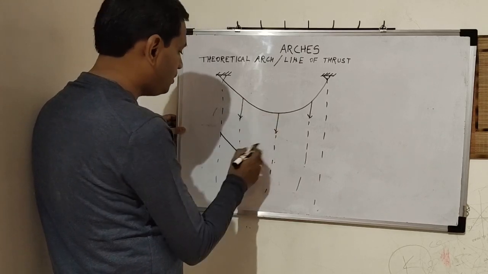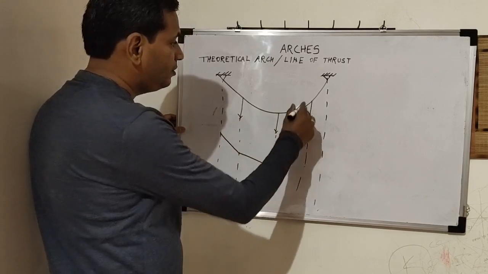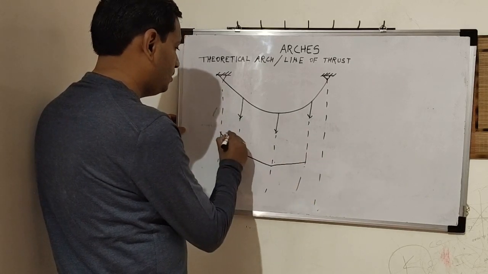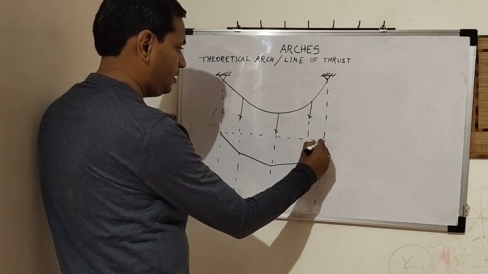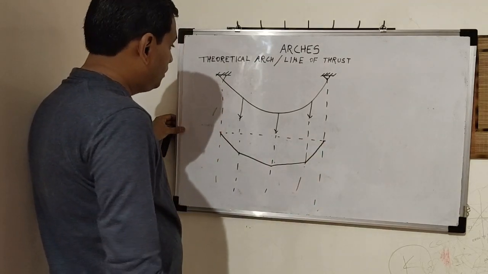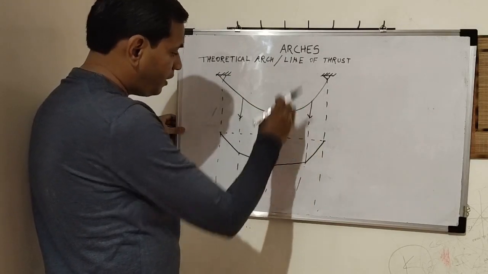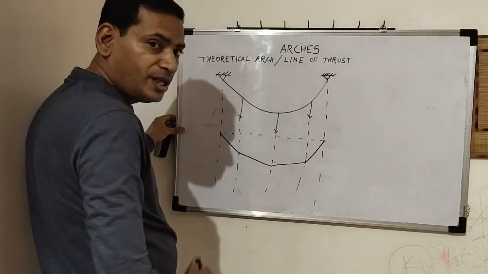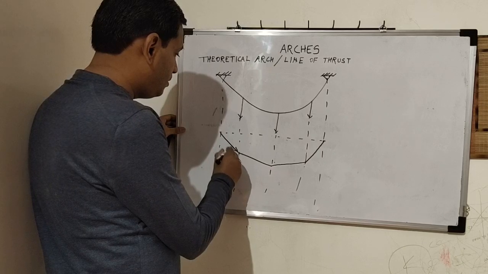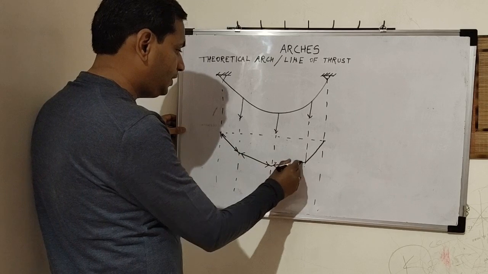Now this is the curved portion between two consecutive loads. It will also get straightened. This is the third part or link here, and fourth is here. So these small segments of the cable have become straight line links, wherein tensile forces are induced. Correct?